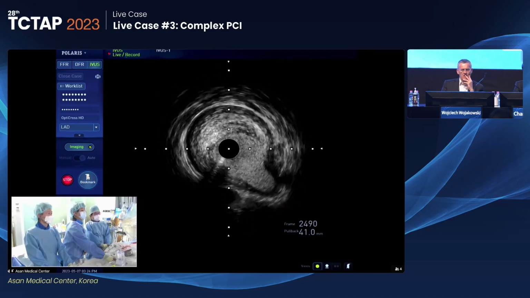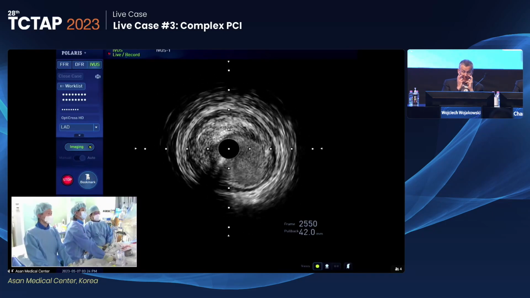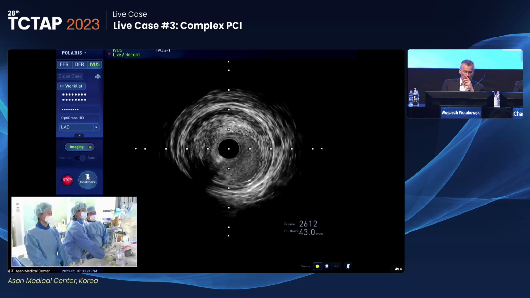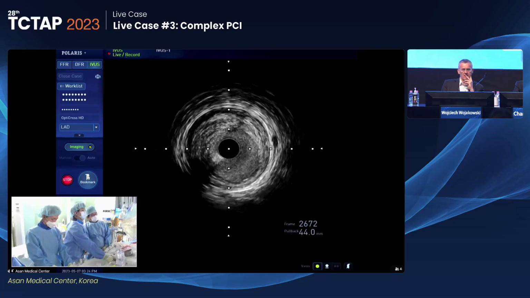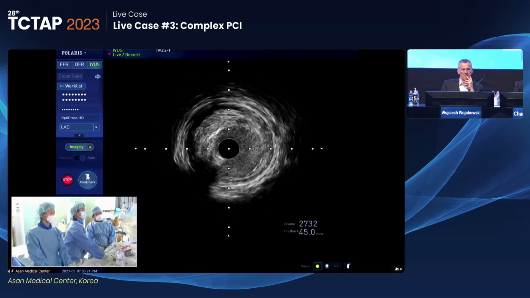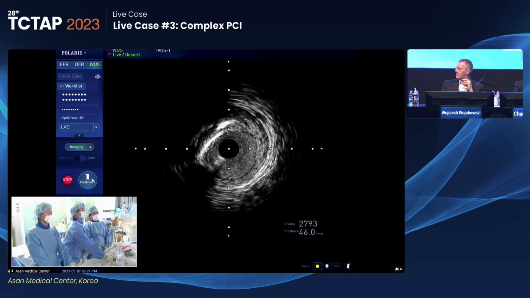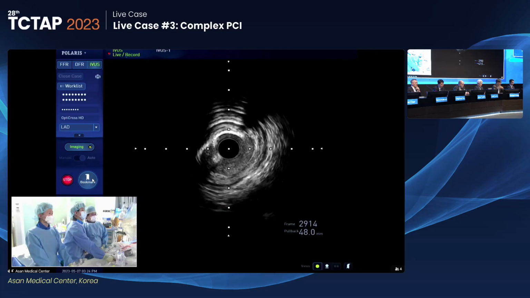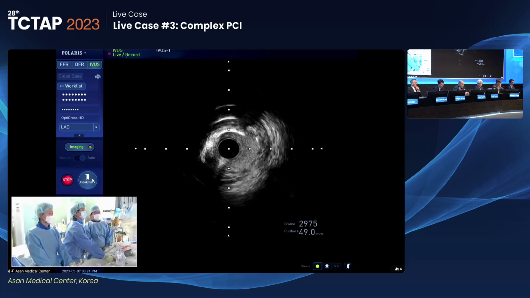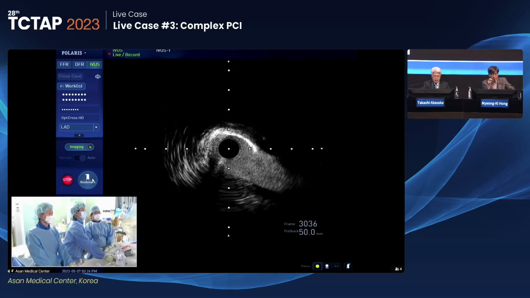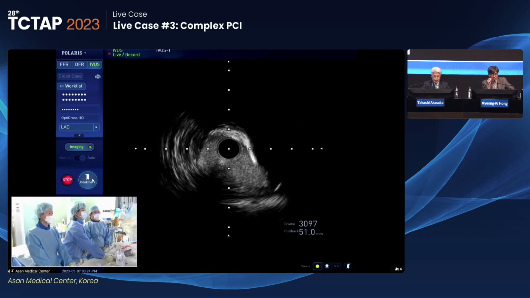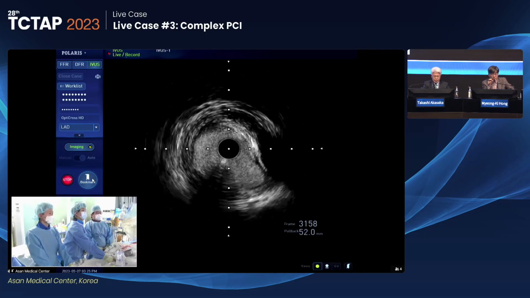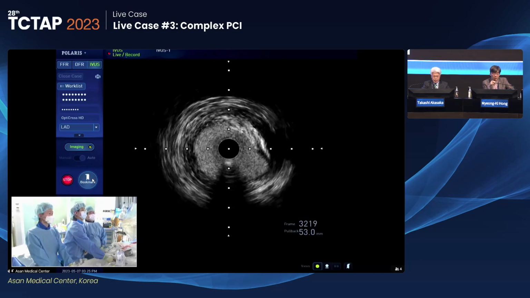Okay, here is the proximal LAD. Yeah, there is a huge plaque burden. Lumen is not that big. After the end of the IVUS examination, please show us the lesion once again at the tightest lesion. Yes. And then we will realize what the characteristics of the neointima are at the tightest lesion.